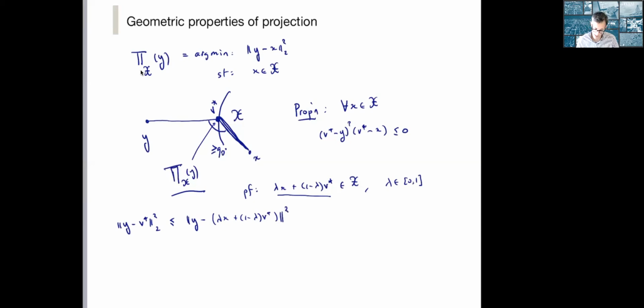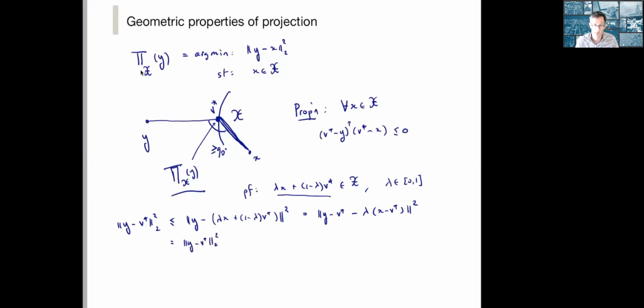And now I'm just going to expand this and see what we get. So this is equal to y minus v star minus lambda times x minus v star, squared. And now just expanding the square, I get that this is equal to y minus v star squared.